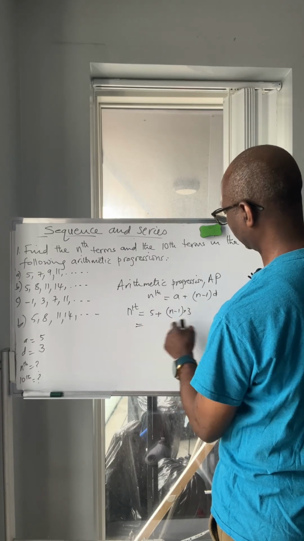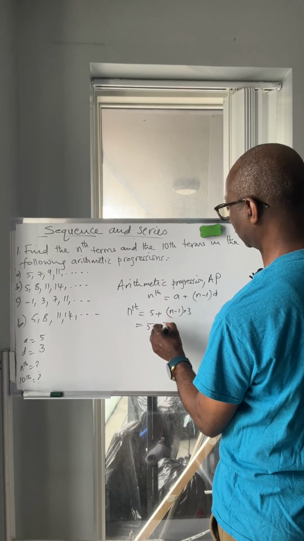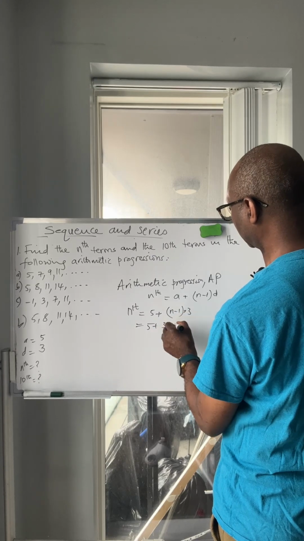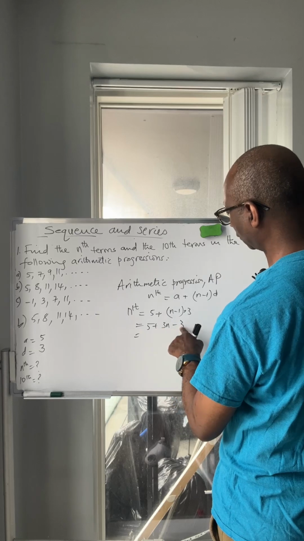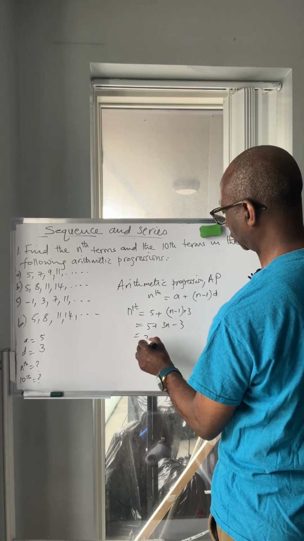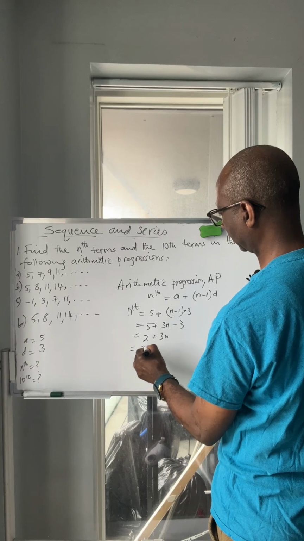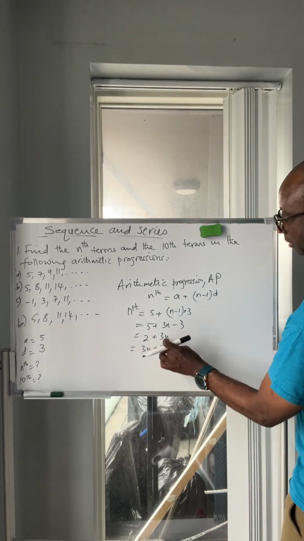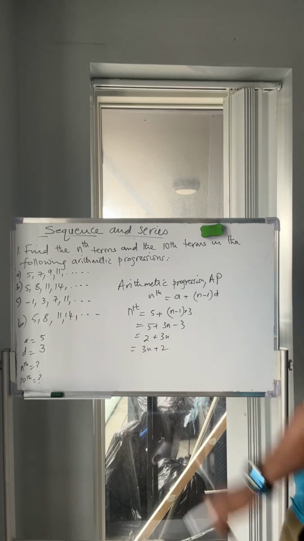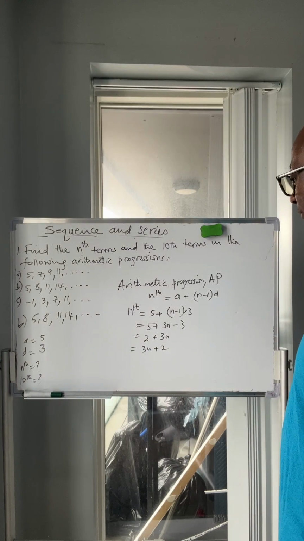Again, let's distribute. This will give us 5 plus 3n minus 3. 3 times minus 1 is minus 3. So 5 minus 3 gives you 2 plus 3n, which is 3n plus 2. It's the same thing, I just want the 3n to be in the front. So this is your nth term for this sequence.